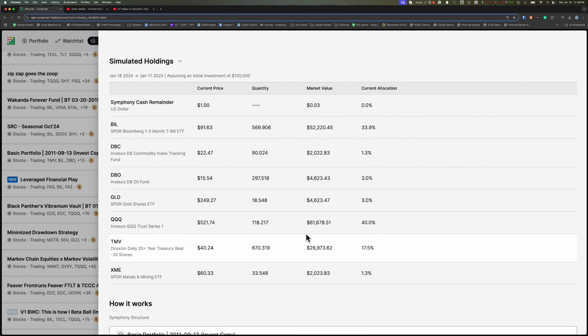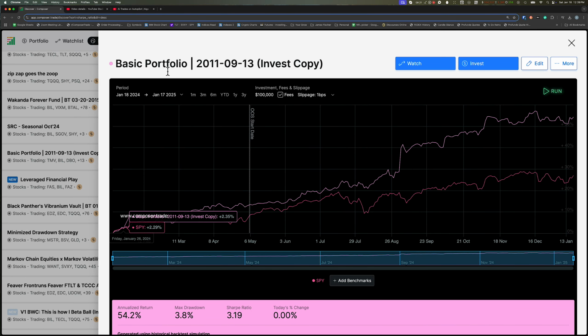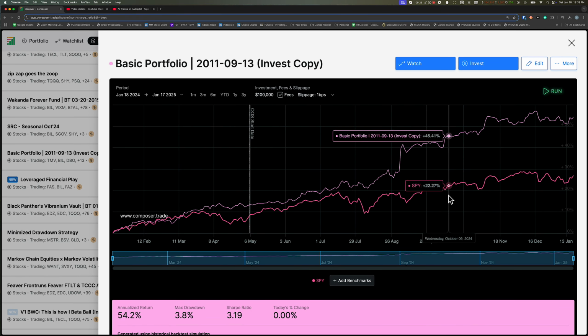I like this because it's got a mixture of things that are going to buffer those wild swings. Like you do have, in this case, a 3 times leveraged short on the Treasury market, but it's only 17%. So this might be a pretty good one to look for. It's basic portfolio. You could look at that.